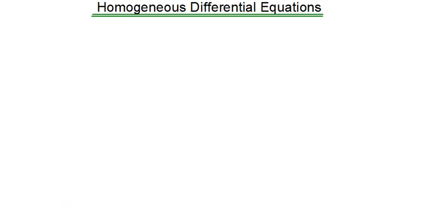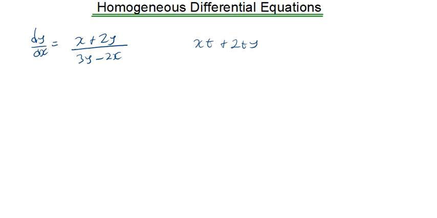Now let's say we have dy/dx equals (x + 2y) divided by (3y minus 2x). This is already in the form we desire. To determine if it's homogeneous, you put in xt plus 2ty, divided by 3ty minus 2xt.